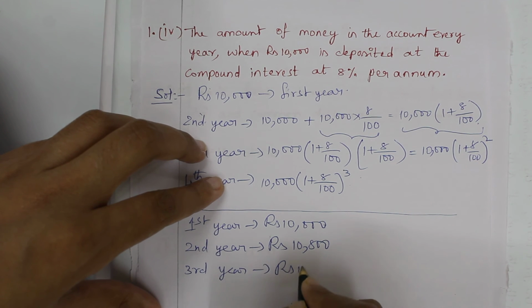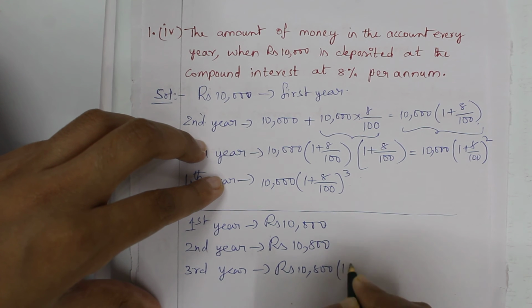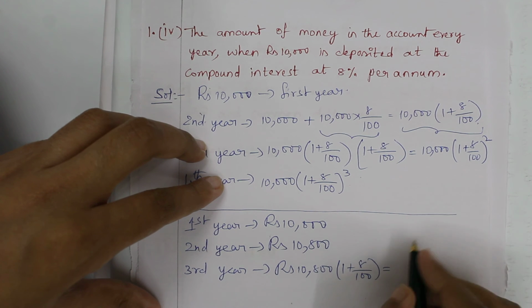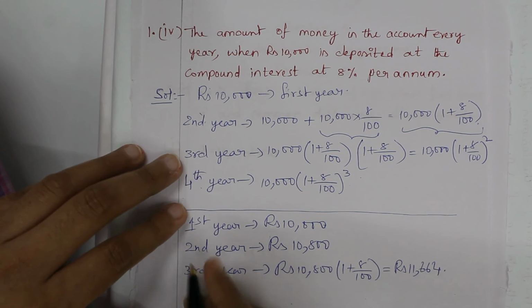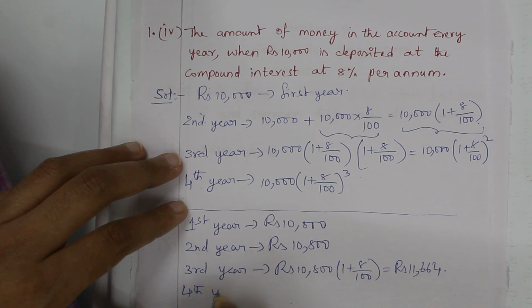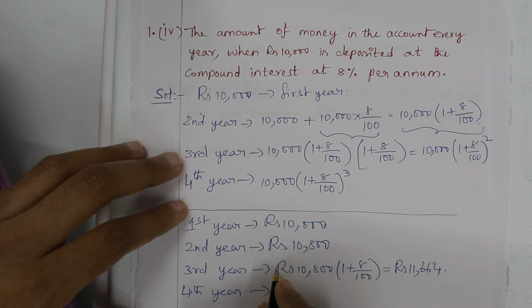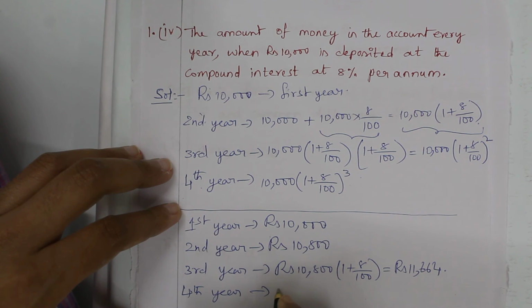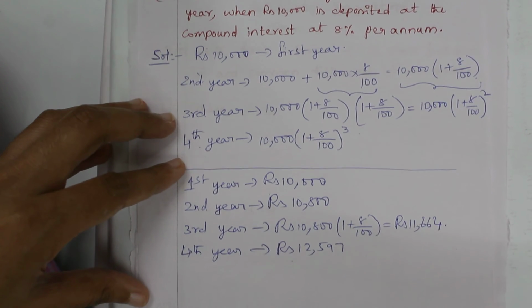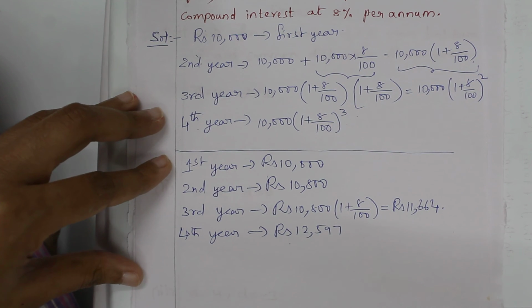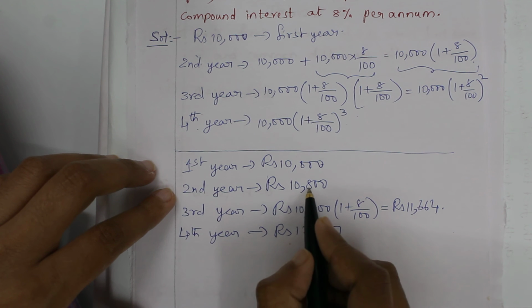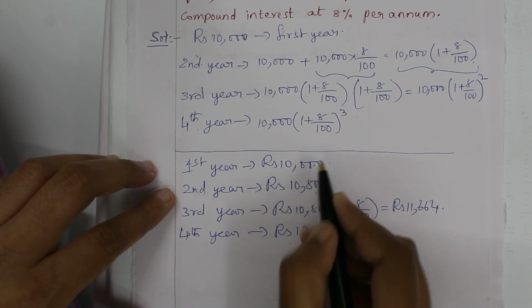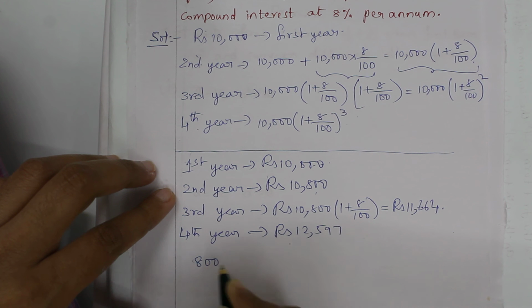In the third year, this becomes rupees 10,800 into 1 plus 8 by 100. That is equal to rupees 11,664. And in a similar way, in the fourth year, the amount becomes rupees 12,597. So here we see that the difference between the second year and first year is 800, right?